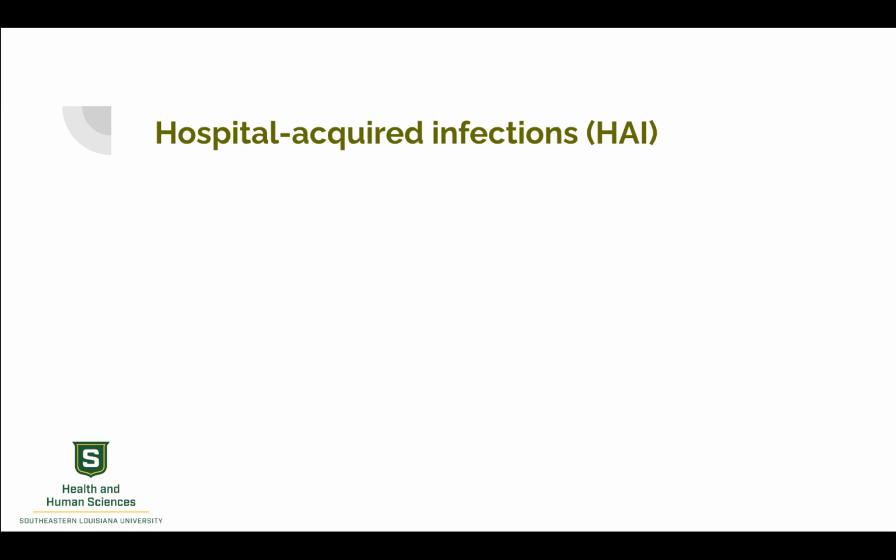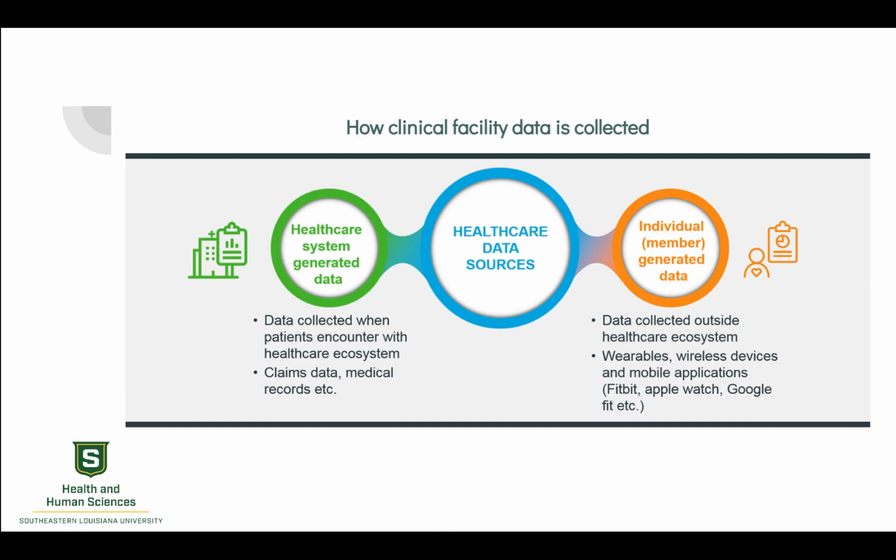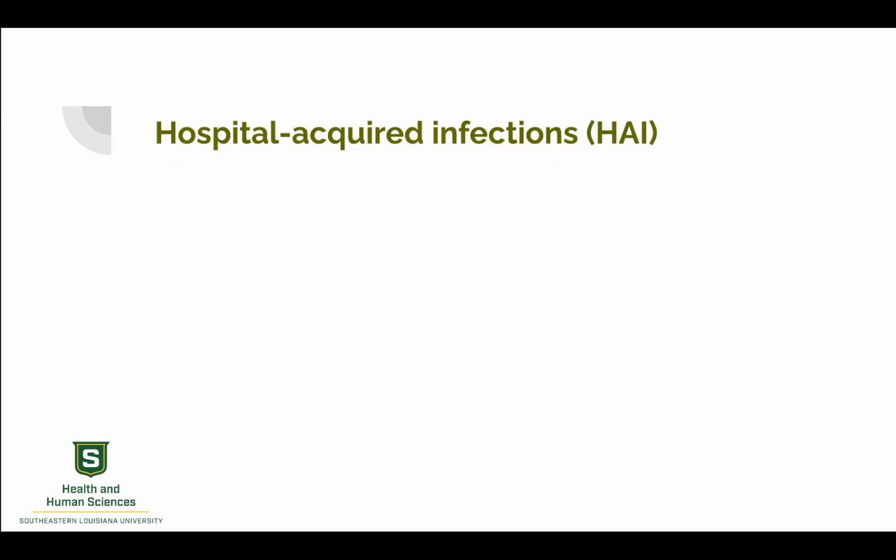I'm going to talk about two other ones, but this is not to say that these are the only clinical facility data. From what you see here, you can imagine that there are multiples of data sourced through hospital facilities or clinic facilities. For hospital acquired infection, you can also call them healthcare associated infections or hospital acquired conditions.